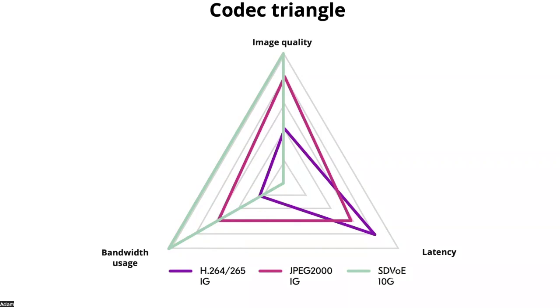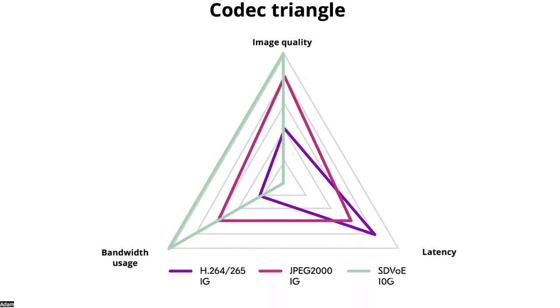Then let's go to the other end of this codec triangle, SDVoE. You see the image quality is the best you can get. But the bandwidth used here, 10 gigabit, is really high. And on the latency side, there is almost no latency here because we are using a lot of bandwidth.